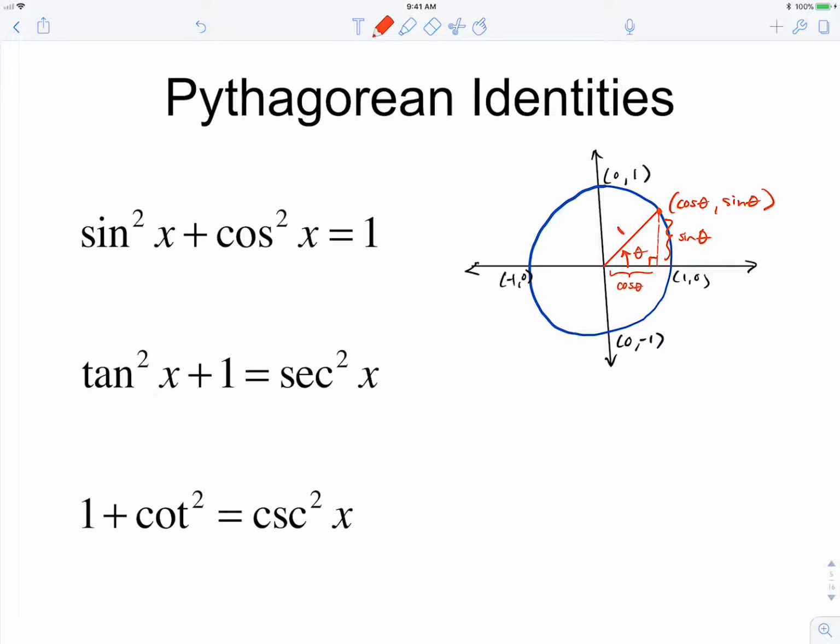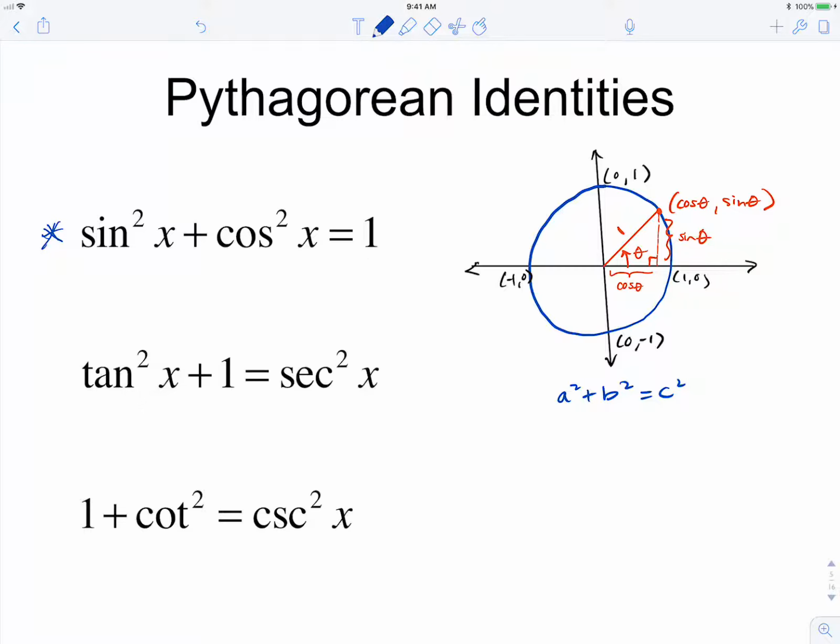And we know that the relationship between the legs of a right triangle and its hypotenuse is the Pythagorean theorem, right? a squared plus b squared equals c squared. Well, if we just replace a and b with cosine and sine, and then c with 1, we end up with our first Pythagorean identity. Sine squared plus cosine squared equals 1.